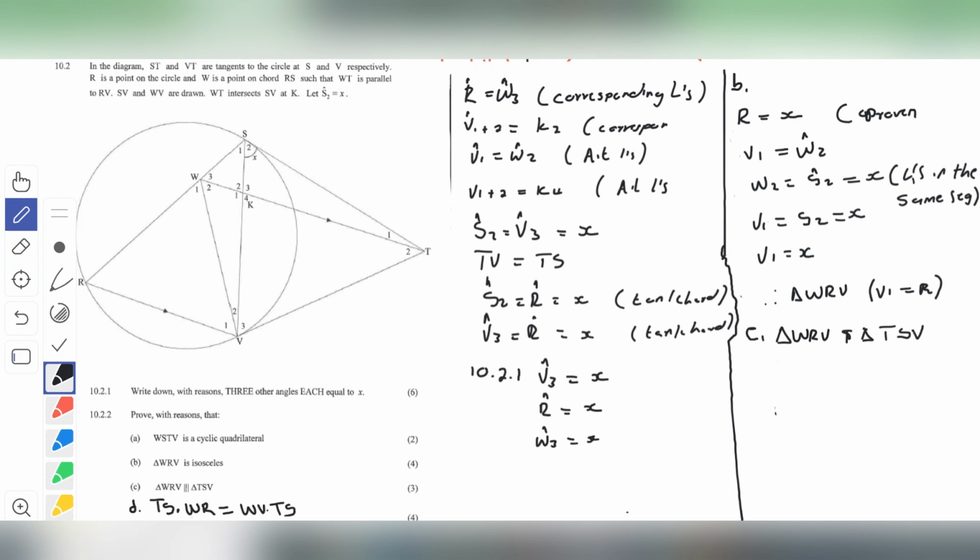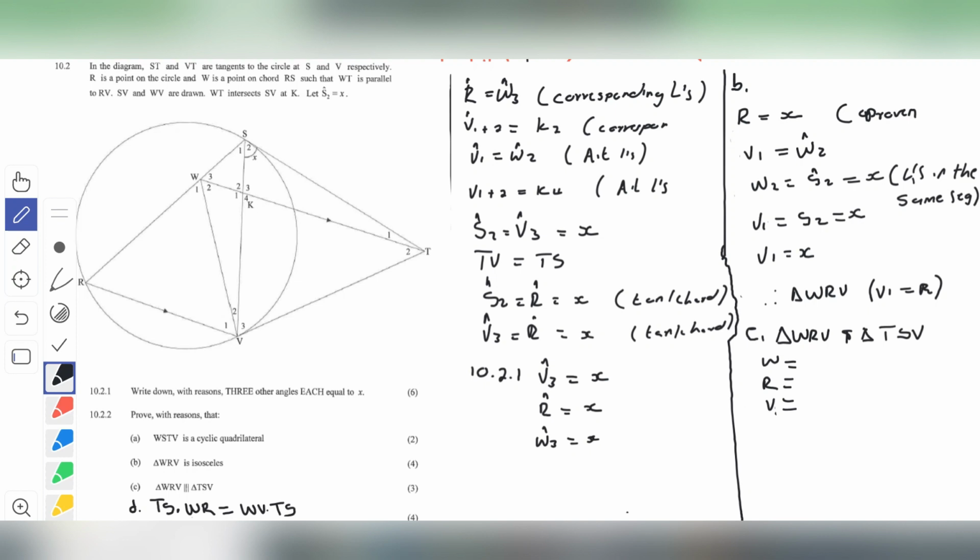Remember that I said this represents an angle, this represents an angle, and so on. And then W is equal to T, R is equal to S, V is equal to V. So we're going to say W R V, right? That's what we write.